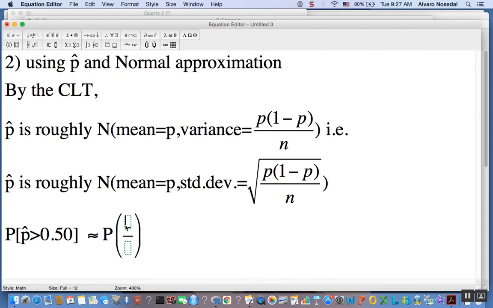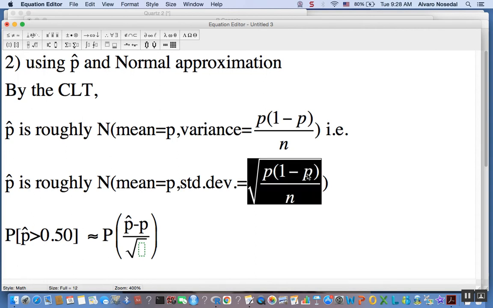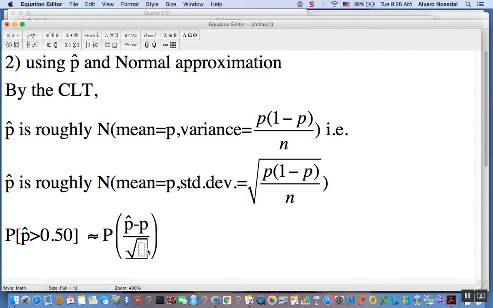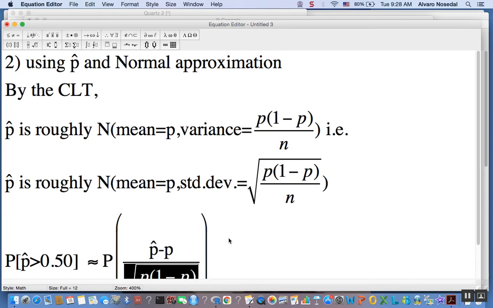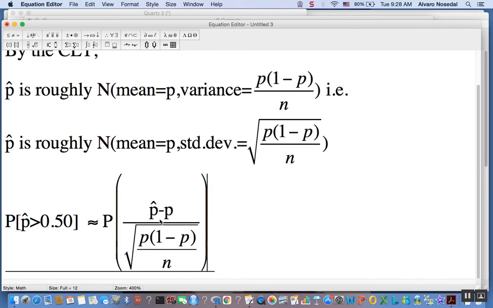We subtract the mean, which is p, and divide by the standard deviation, meaning this. Make sense? Let me change it here.